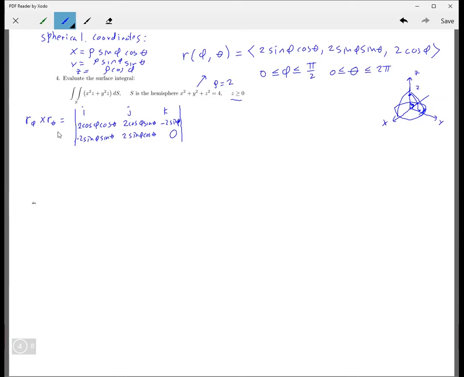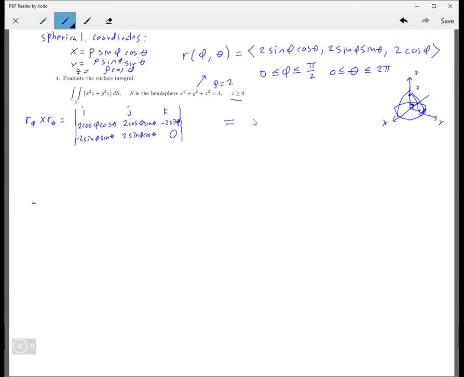Okay, so I calculated this. Do you guys want to see the calculation, or do you want me to just tell you what it is? Depends what's going to be on the test. Just tell us. Okay.